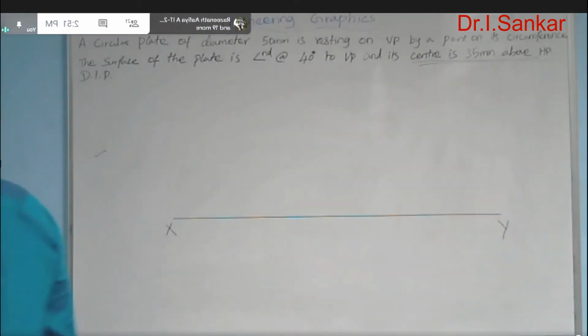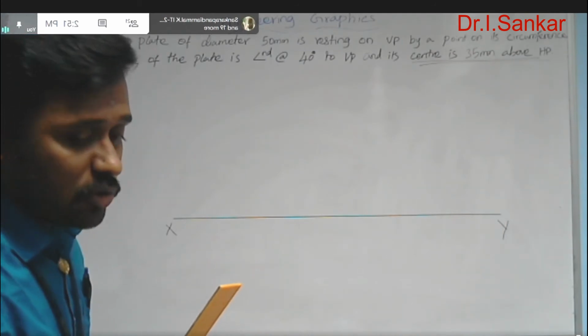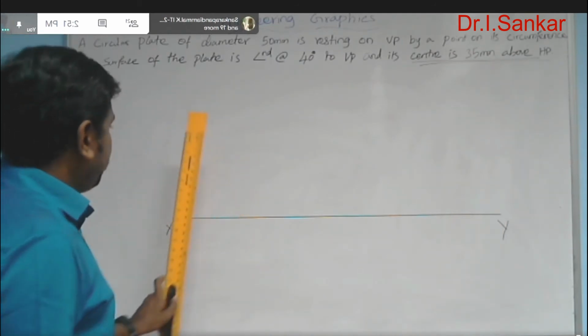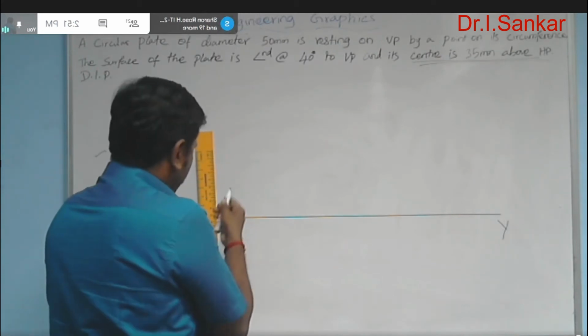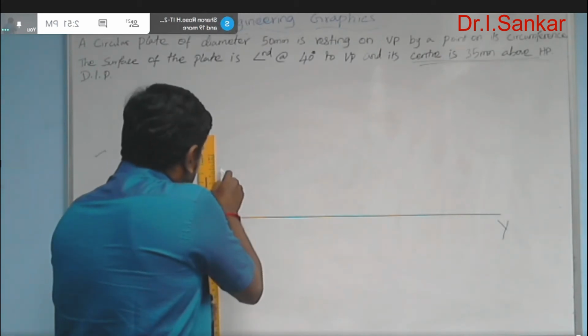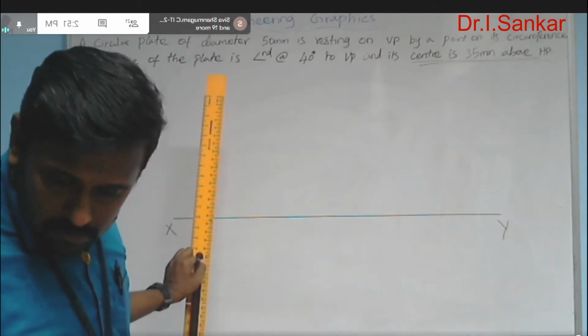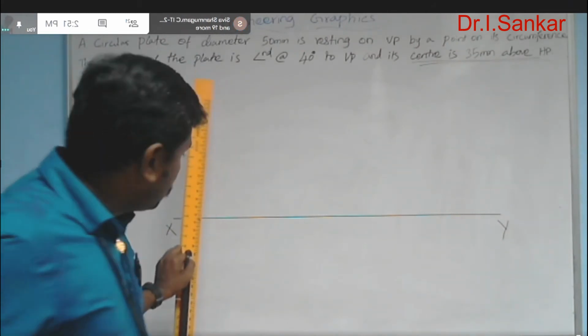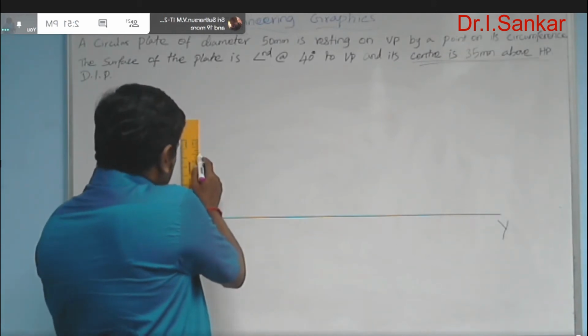So first measure 35 mm above the horizontal plane, that is, above the XY line. It's a rough dimension only, not the true dimension.